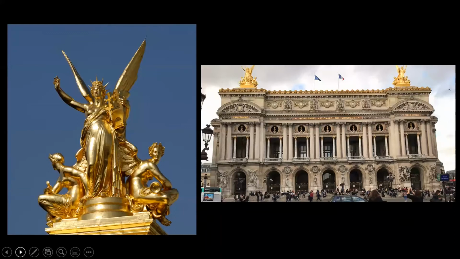Galvano was versatile and used, for instance, to make metal statues for buildings and monuments, like these seen on the Paris Opera House, the Palais Garnier here, with the detail on the left of the Statue of Harmony.